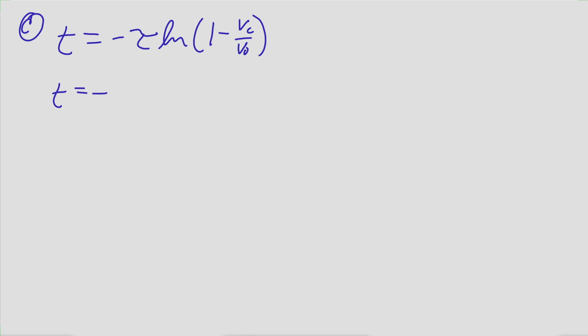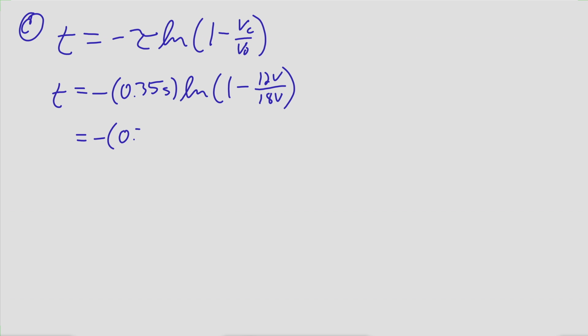Which means time is equal to negative tau again, 0.35 seconds, times the natural log of 1 minus V sub C, which in part C is 12 volts, divided by 18 volts. So I've got more room. Let me write the whole thing out. 0.35 seconds times the natural log of 1 minus 12 over 18, which is 2/3.